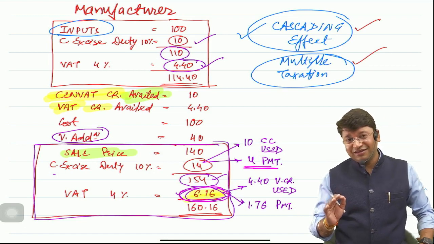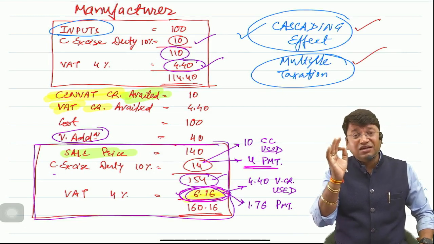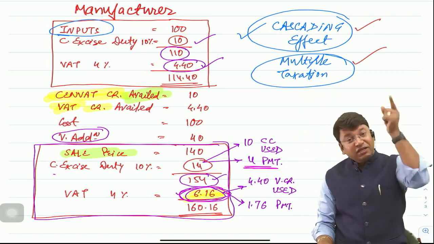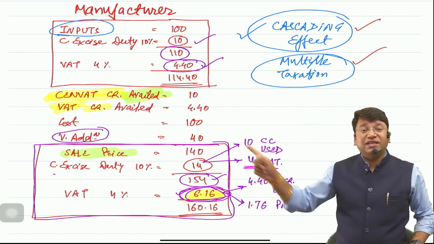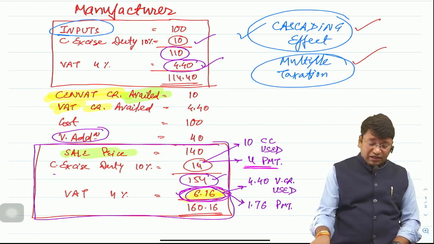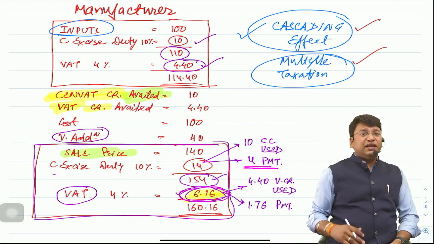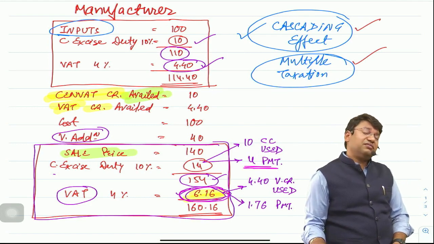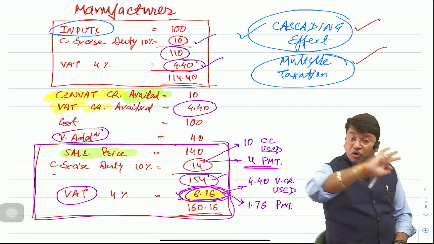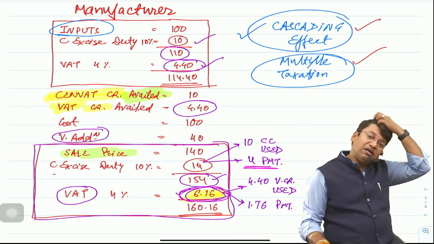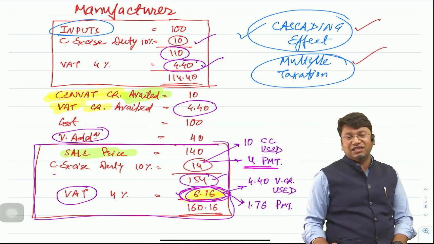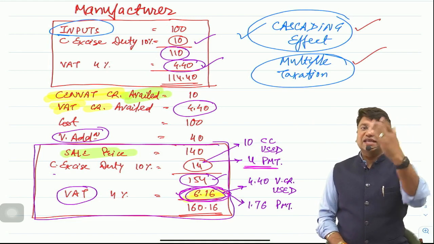So the fundamental behind VAT credit and SENVAT credit is absolutely the same. Suppose on your sale, VAT is exempted and not chargeable at all. Will the credit of rupees 4.4 be allowed? No. Government will not allow it because on your sale no tax is being charged. No multiple taxation, no cascading effect.